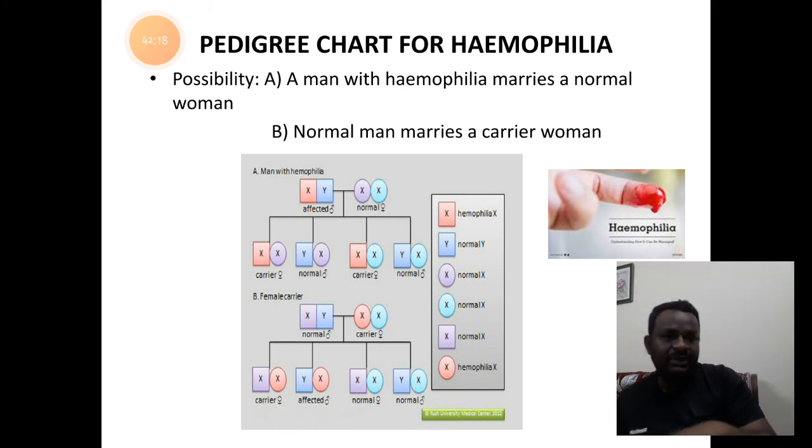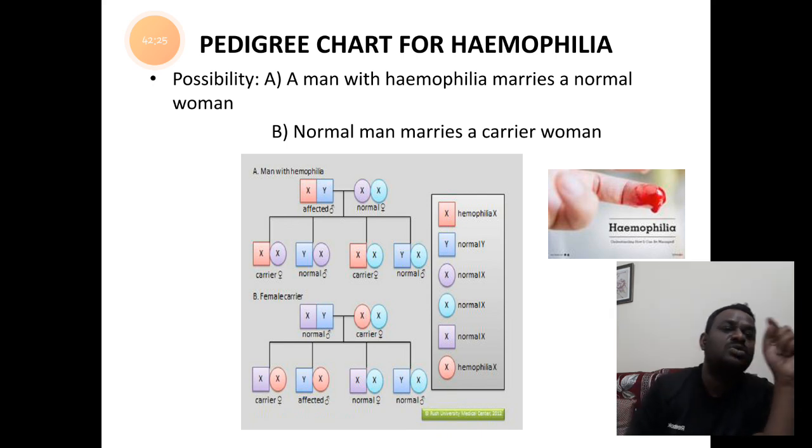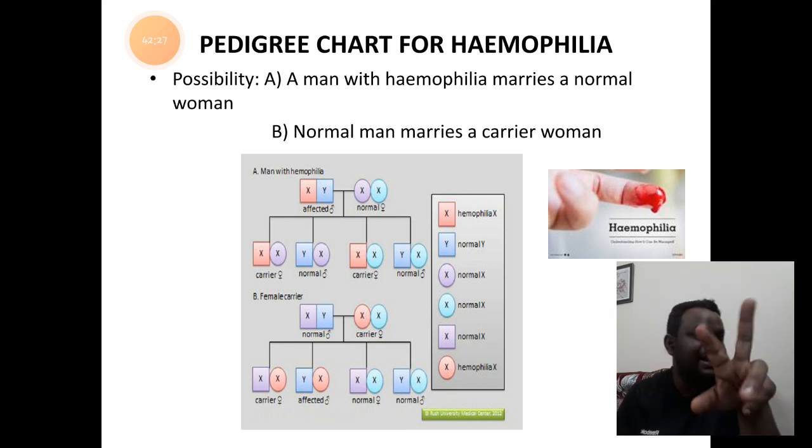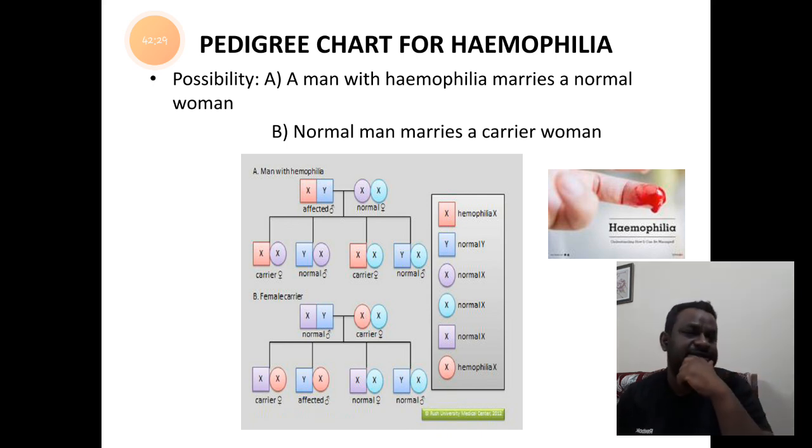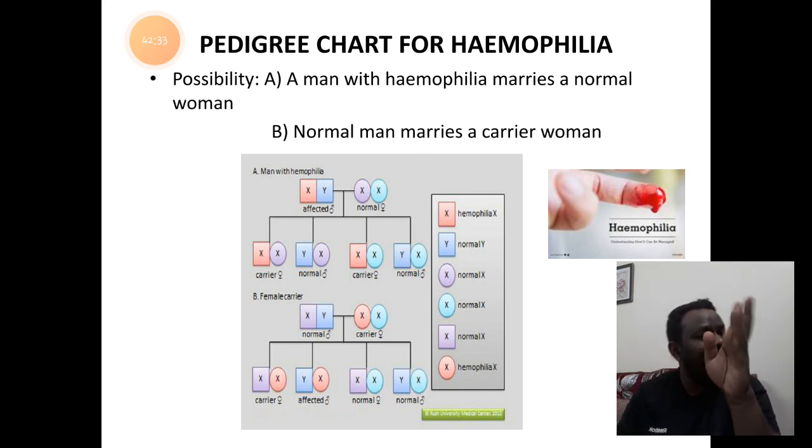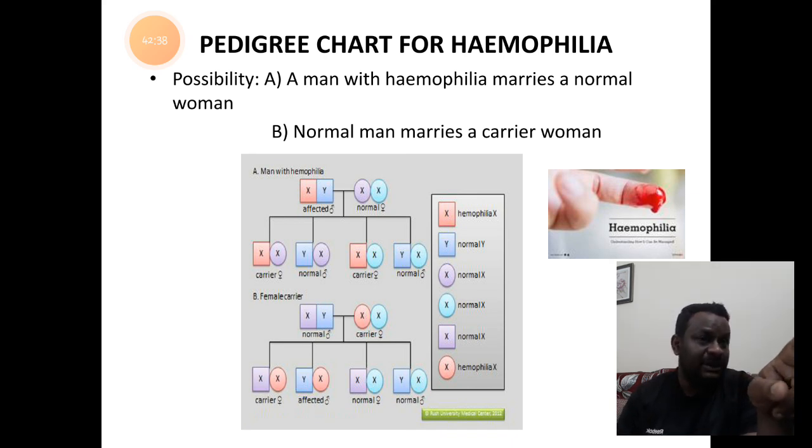Okay, so what is the condition here? Condition A is a man with hemophilia marrying a normal woman. What is the condition? Crisscross inheritance. A normal man marries a carrier woman. Again, males are affected here because of the affected women.